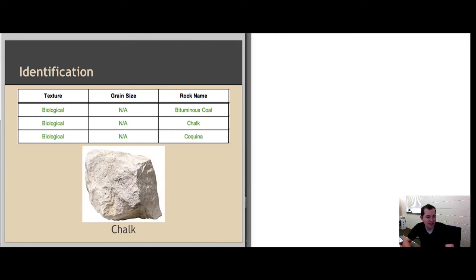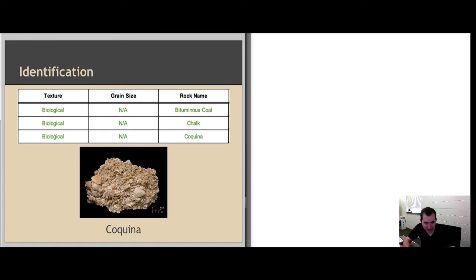Chalk is yet another type of biological sedimentary rock, where it's made up of, often in this case, very small organisms, or the shells of organisms, and that's an example of that one. Here again, very similar to the one we just talked about, we can obviously see with this that there are biological things.